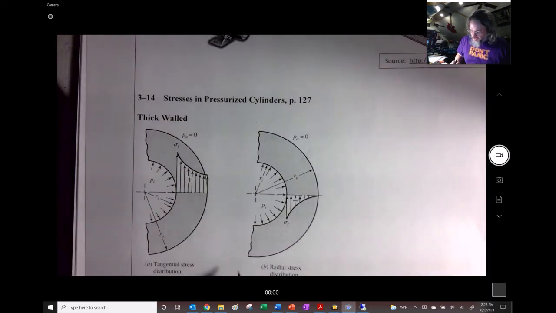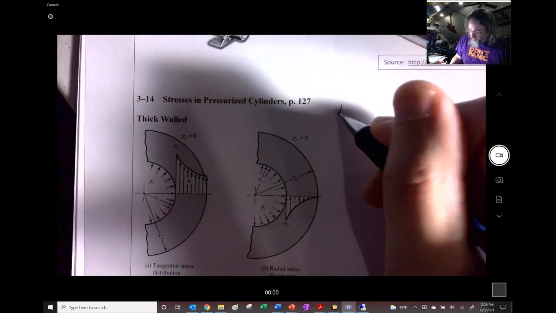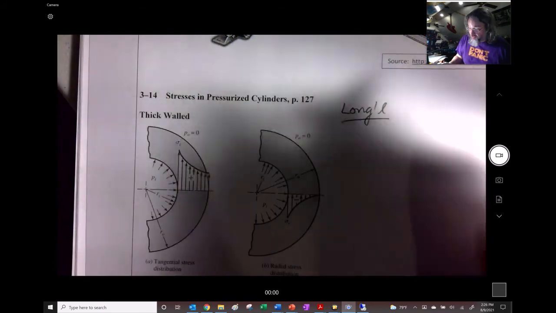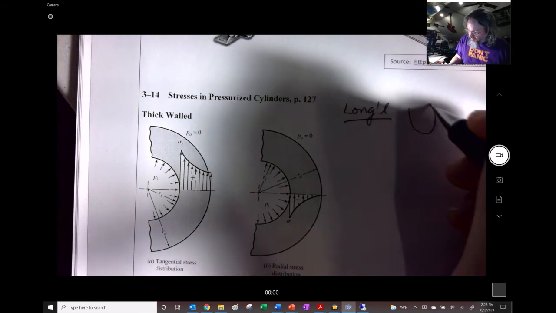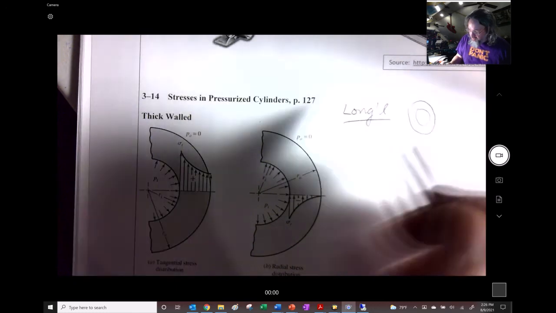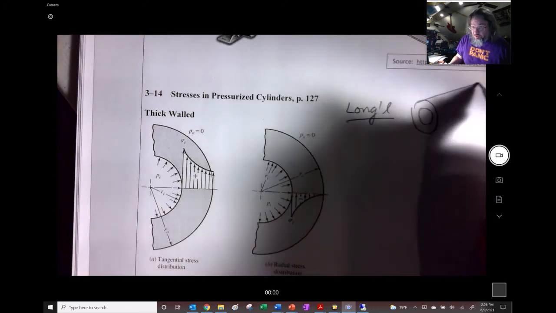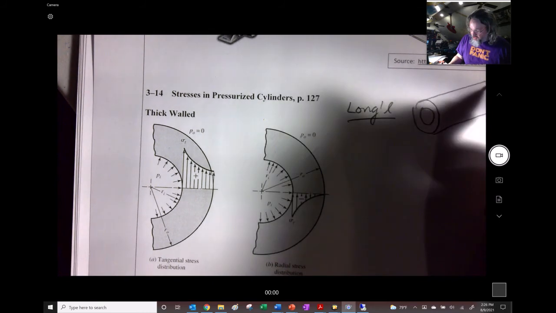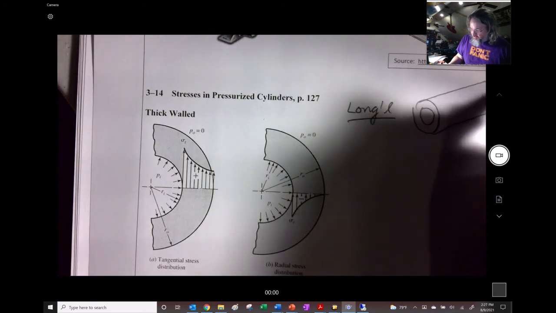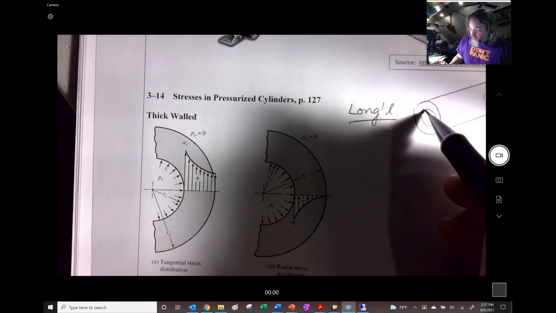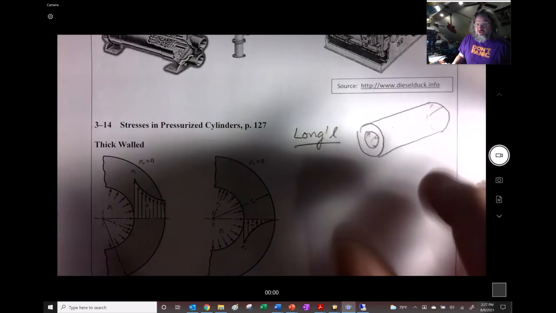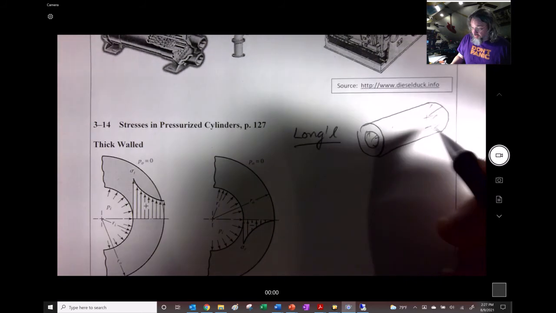But if you can imagine for the longitudinal, and I write long this way right there. Imagine now this thing right here is a tube that we're looking at, and it has a cap on the end of it. So on the inside, there's pressure everywhere inside this, and there's also pressure on the end cap right here.